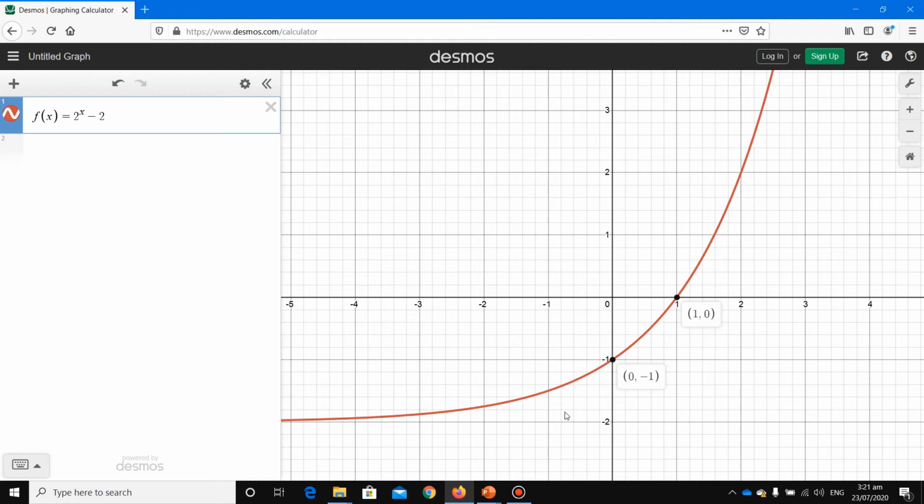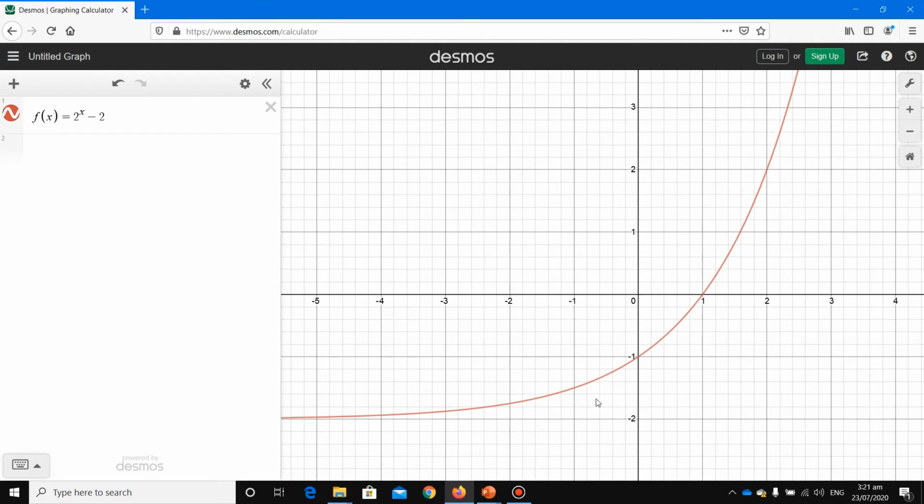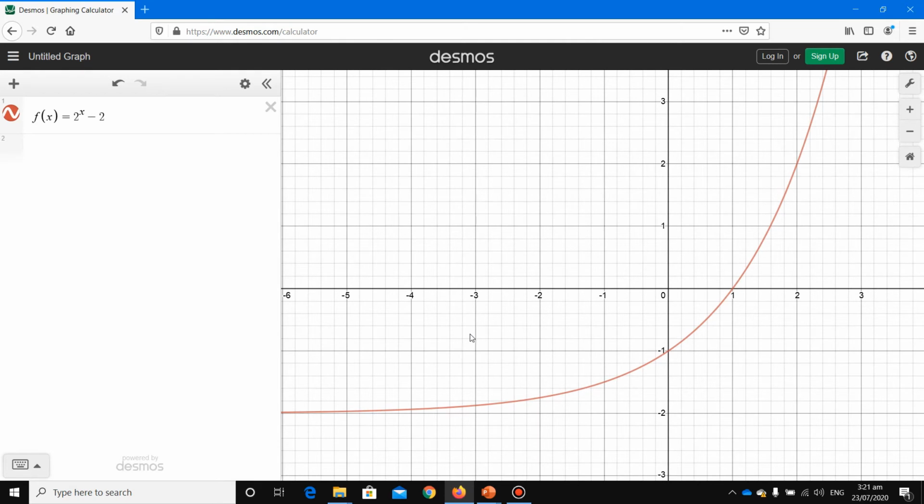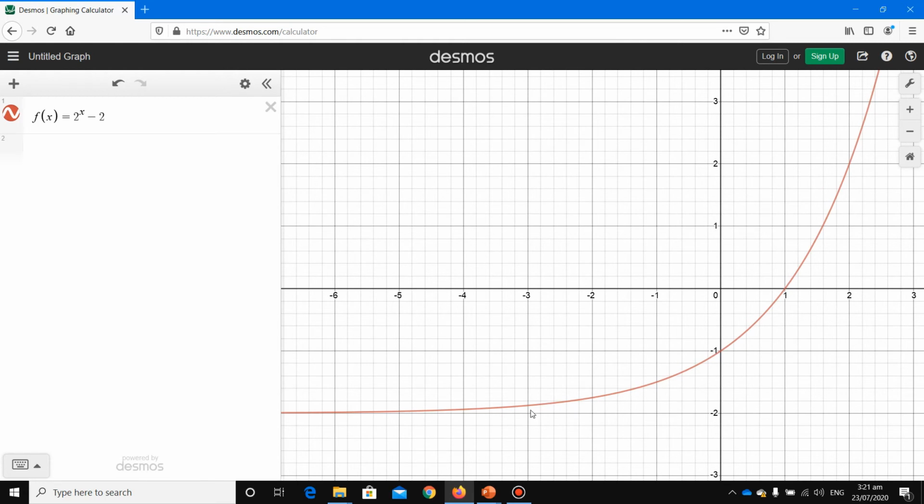Alright? So there's another part of our graph, and that is the asymptote. The asymptote is the imaginary line that our graph approaches as it approaches negative infinity. So obviously that is y equals negative 2. So this line is an asymptote to this curve.